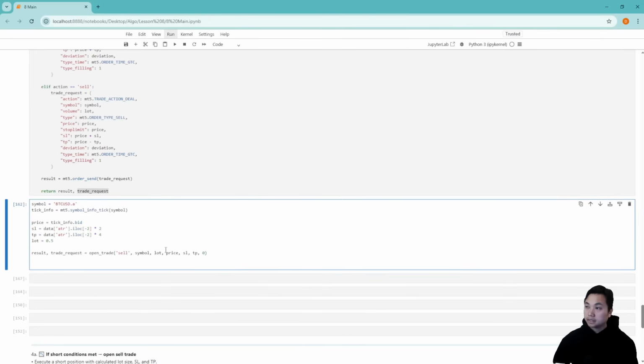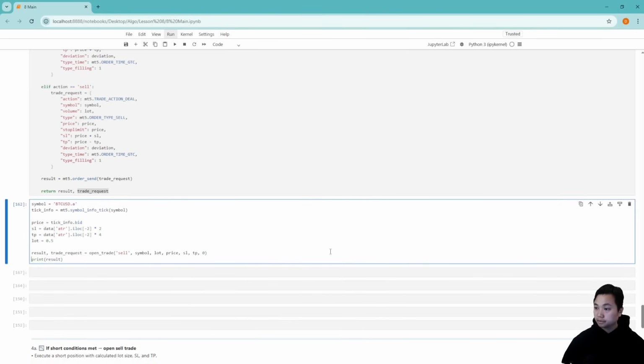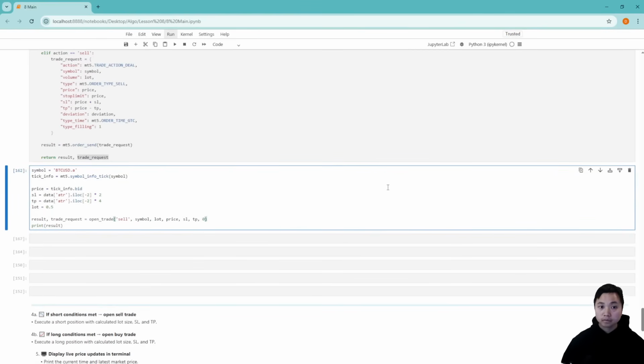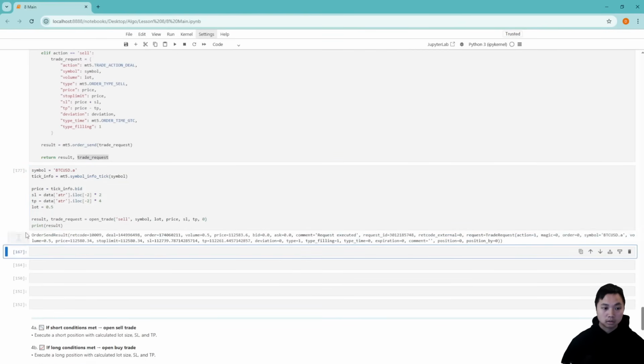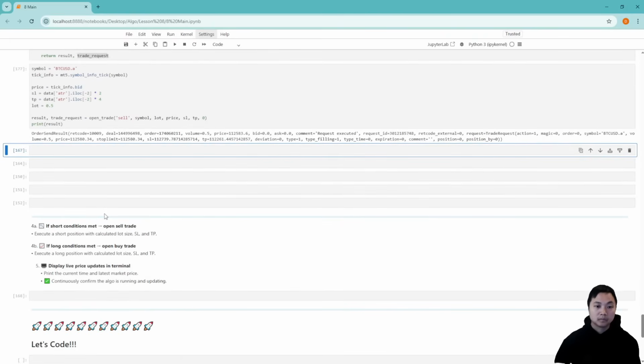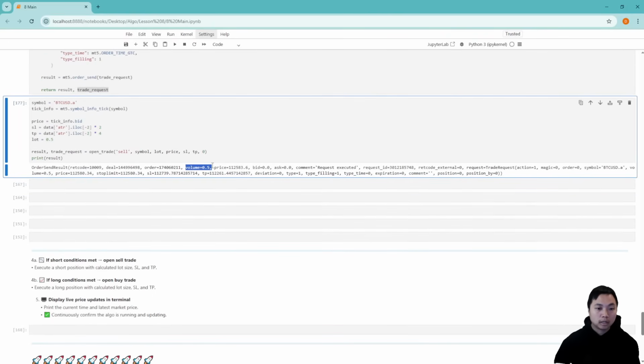And then that should work. Let's print the result after our execution. And the result here, so you can see that the order has already executed. Just like what I mentioned, we have this volume size, we have the current price, which means this request executed.